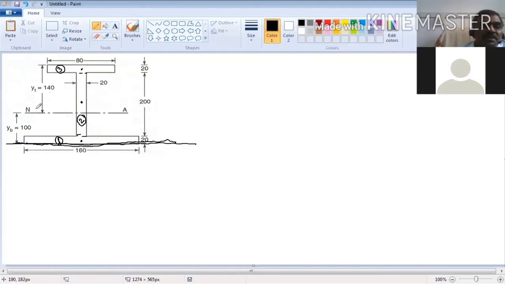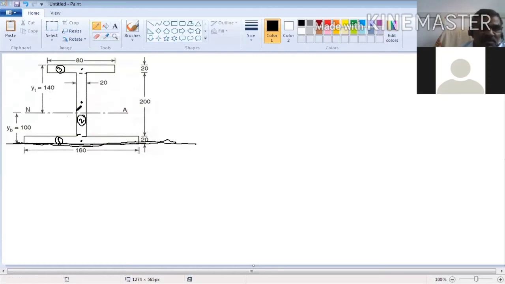What about the x-axis? About the x-axis, it is not symmetrical, because this is big and this is small. So it will be below the center of gravity.